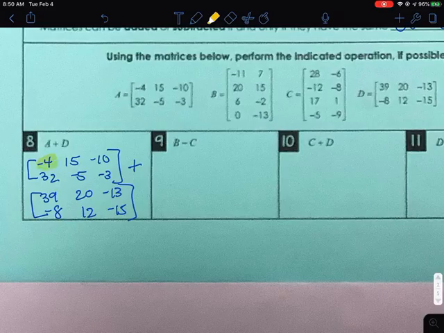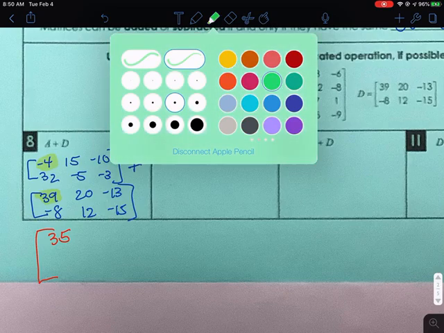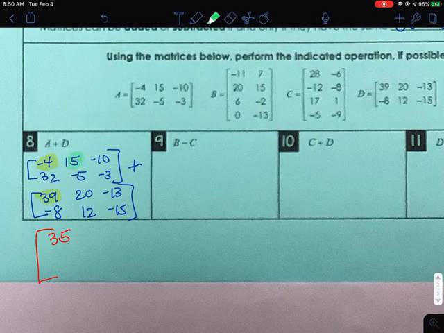So I will start out by adding -4 and 39. That will give me, in row 1, column 1, 35. Now, if I slide over and add 15 plus 20, that is going to give me 35.